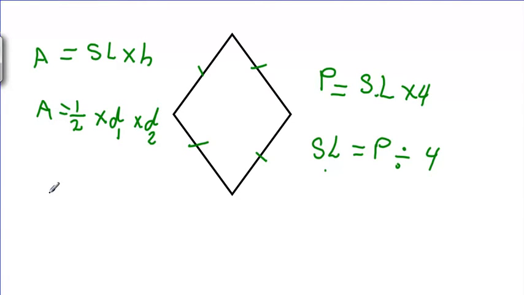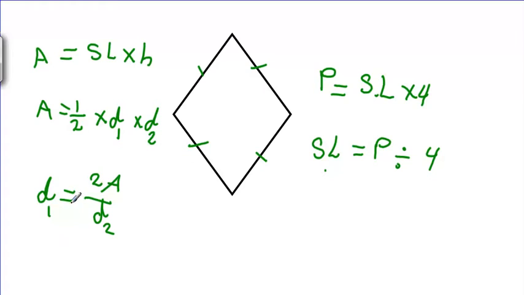Okay, and if you want the diagonal length, it will be equal to 2 times the area divided by the other diagonal. If you want diagonal 1, you will divide by diagonal 2.